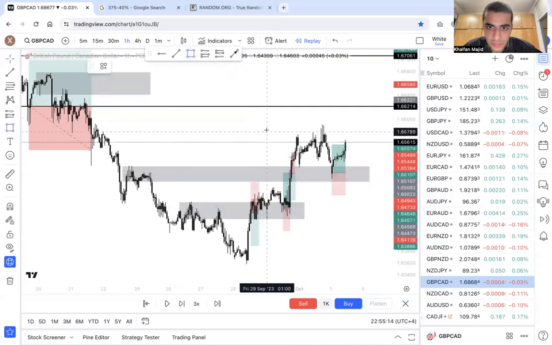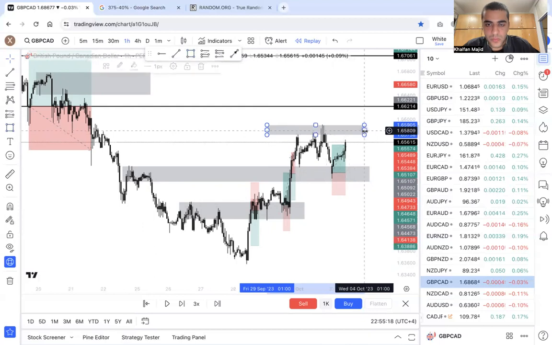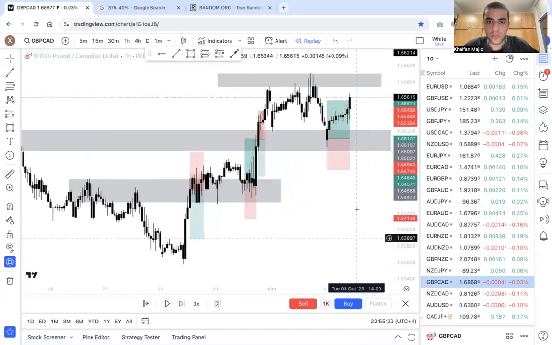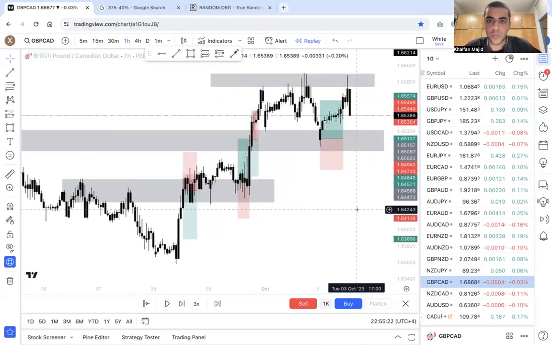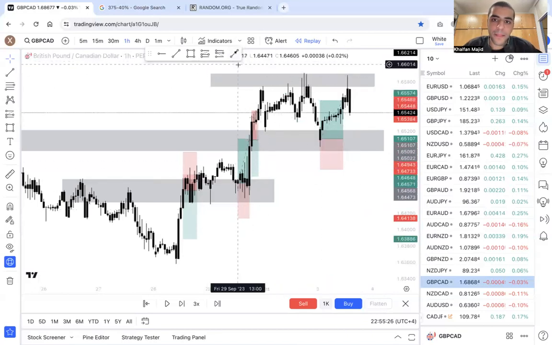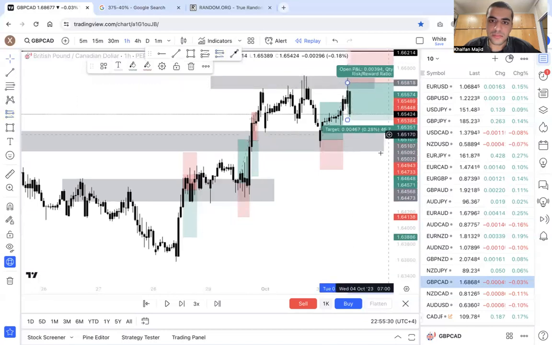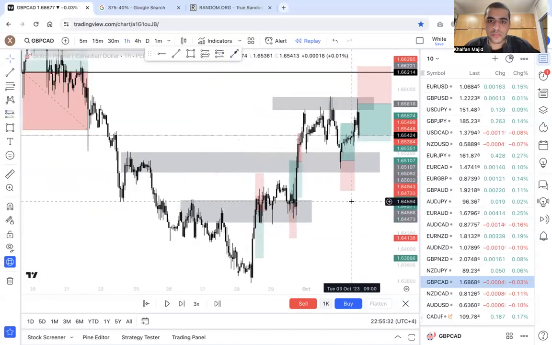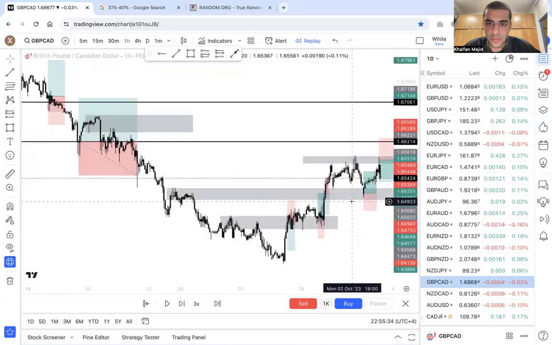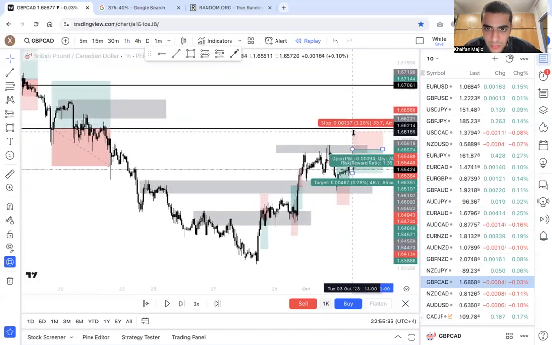So this is the zone. Whoa. I could have entered in the middle. Let's say we put it over here, 1.25.